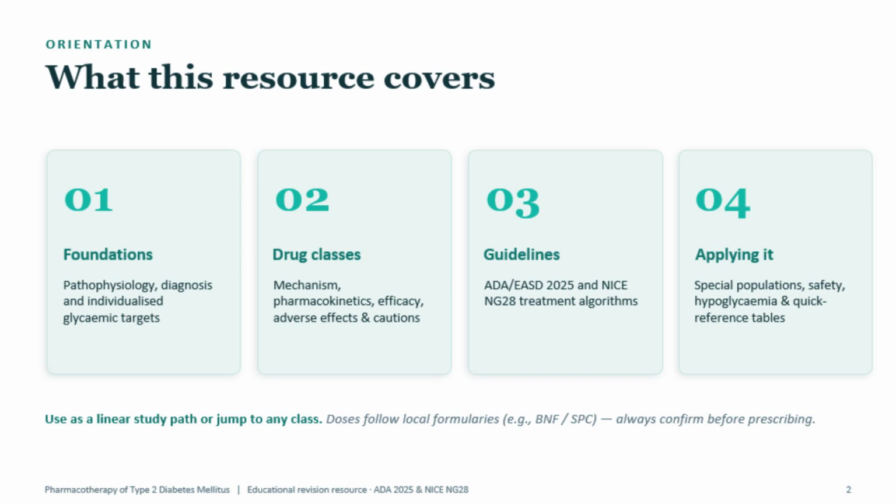After that, we translate all of it into the actual treatment algorithms and finish with special populations and safety. You can watch this straight through as a study path or jump to any chapter. Let's build the foundation first.